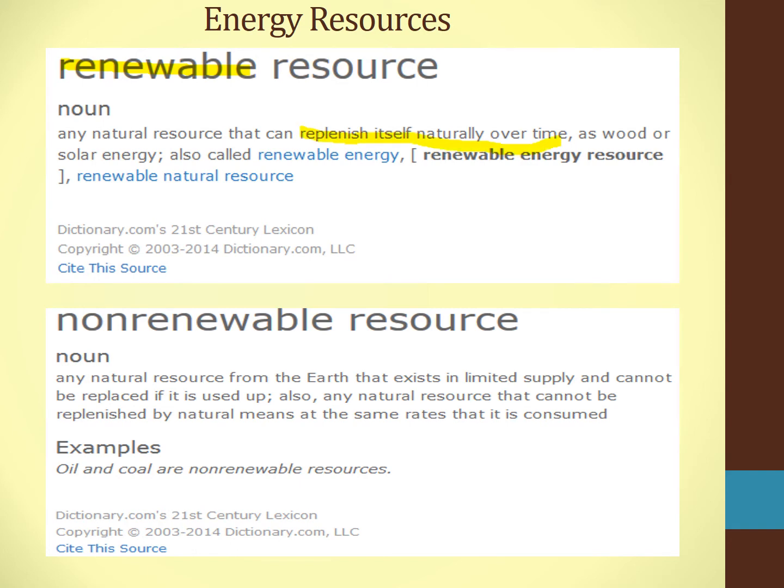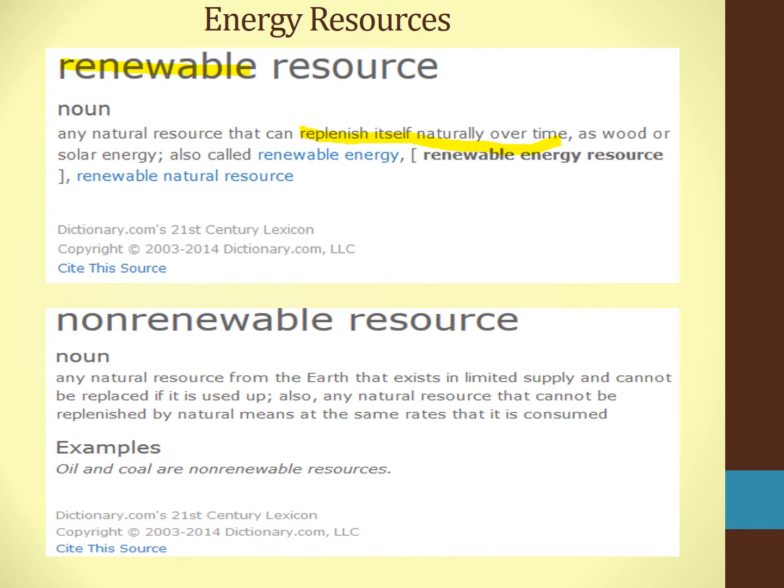So these are resources that can be used again. Some examples would be wood, solar energy, and there's all kinds of renewable resources that we'll learn about later in the unit. But you just need to remember at this point that if it's renewable, that you can use it again.